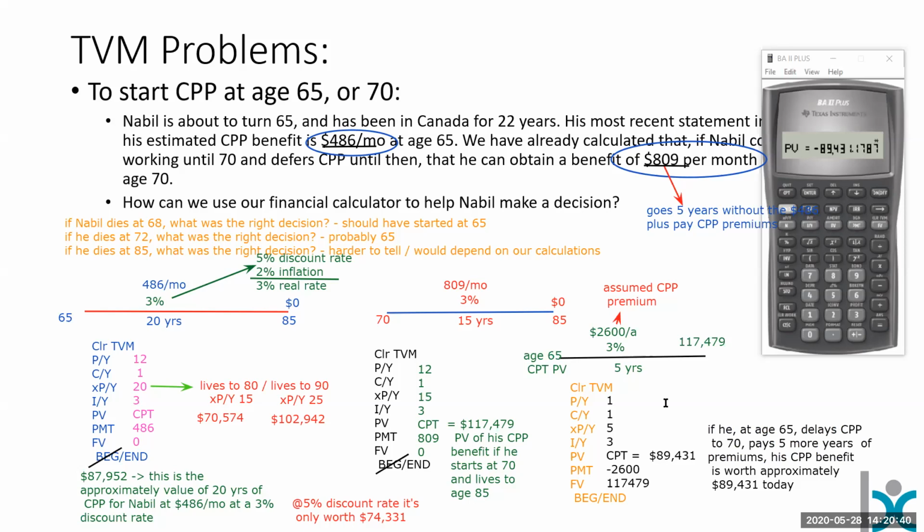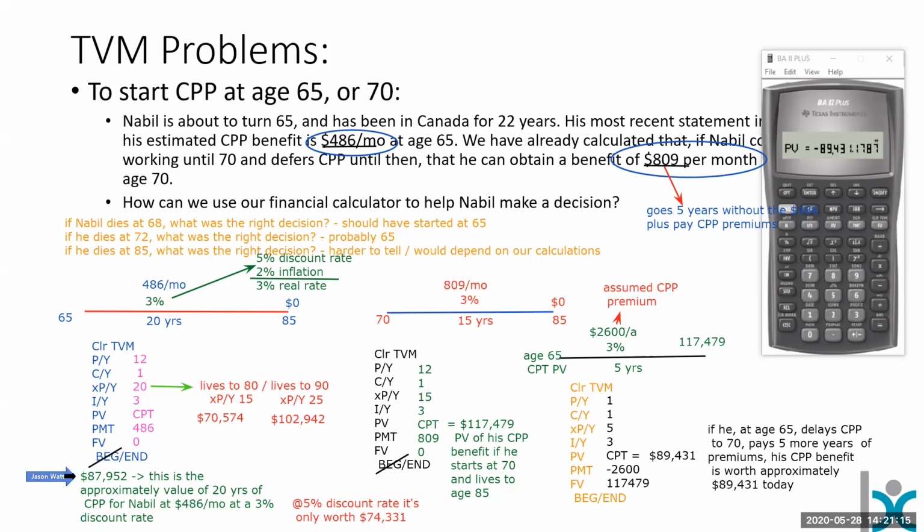Yeah. So I would say to Nabil, this is how I would phrase this. Nabil, if you decide to start taking your CPP today, this is about the same as the government of Canada writing you a check for $88,000 based on this number over here. That's good.